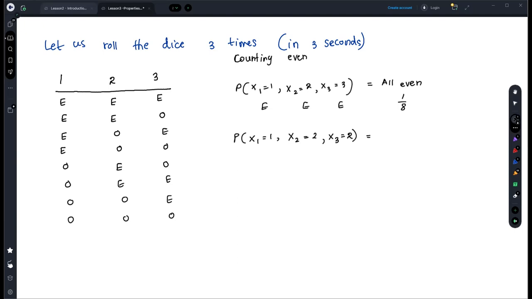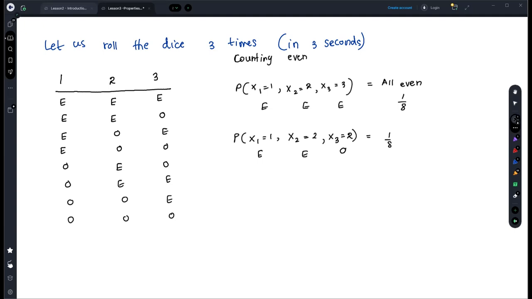First is an even, second another even, so incremented 2, and no increment, that means the third one will be O. So you have E, E, O, that is only once, right? So 1 over 8. So likewise, for all these 8, you can write the probability like this, and they will have 1 over 8.